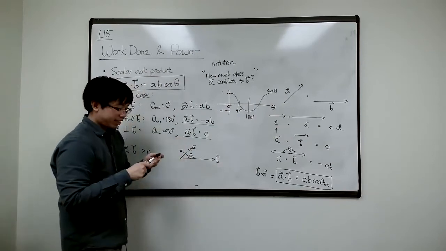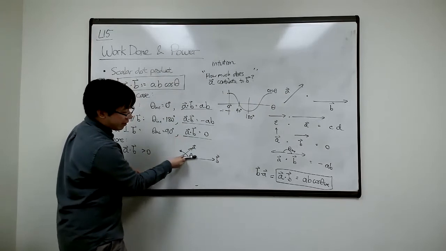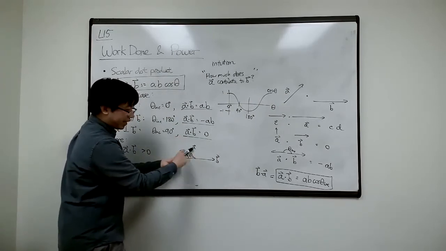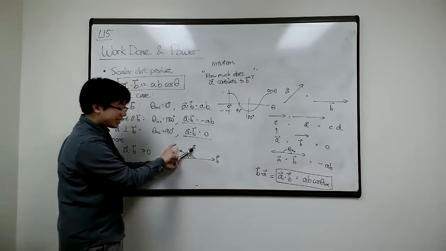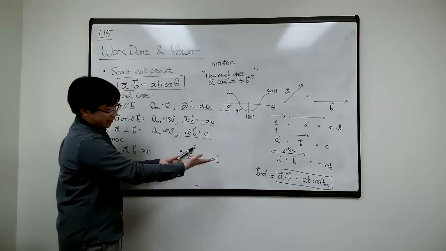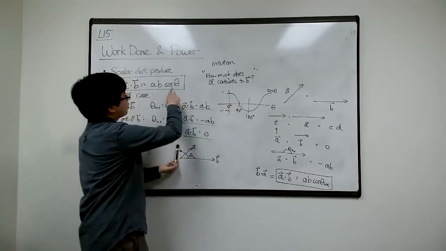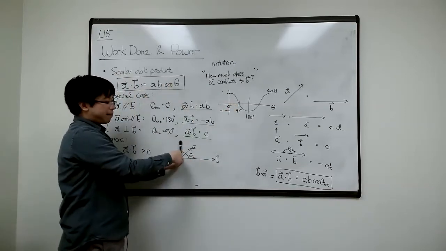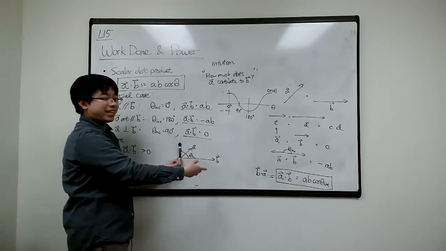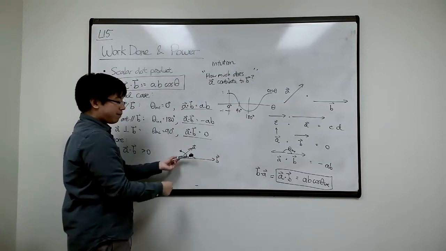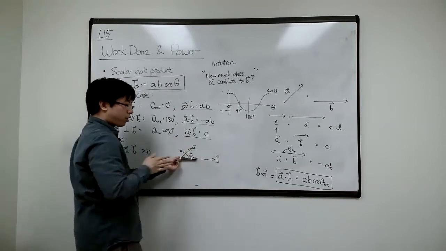If you treat these as forces, A is very supportive of B. But as you tilt here, only part of A is supporting B. The other component of A is not really contributing to B, until you go to 90 degrees, when cosine becomes 0. So A is completely unsupportive of B. If you think of these as forces, these two forces sort of work together.